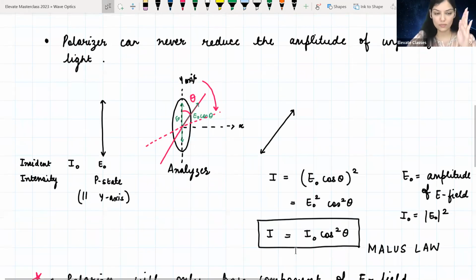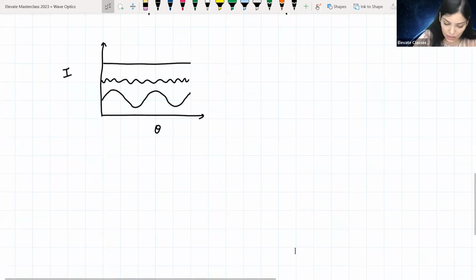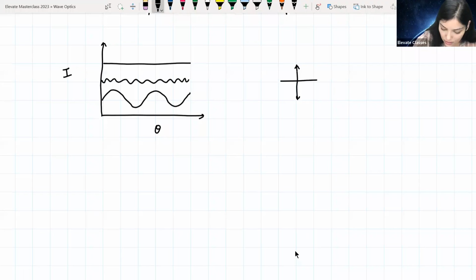Look, we can see it like this: the question mostly gives it like this, that you have some natural light. So basically you have all possible electric field vibrations, and then you have a polarizer. They'll tell you what the pass axis of this polarizer is. Let us say it is this.